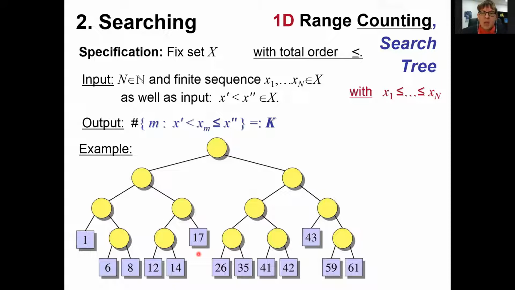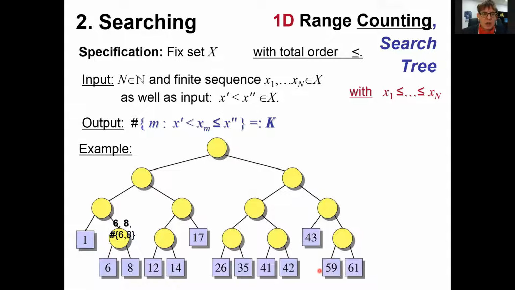Now, since it's a search tree, we can find x prime here and x double prime here, but we cannot simply take the difference because this is not an array. The leaves here are not generally located in an array. Instead, we enhance the search tree.